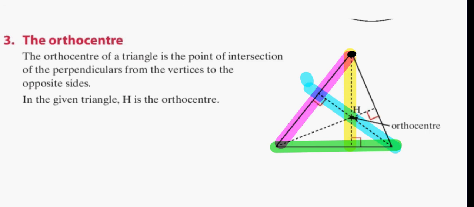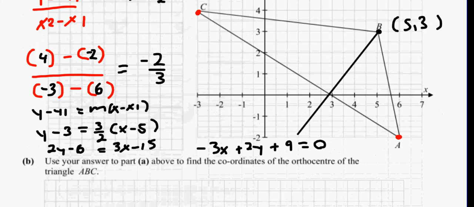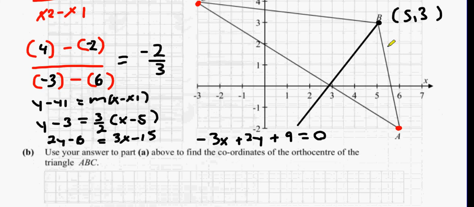Where the 2 lines intersect, example, a simultaneous equation, where the 2 lines hit each other will be my orthocenter. We cool with that? Alright, so we have one of the lines already, we have this one already.